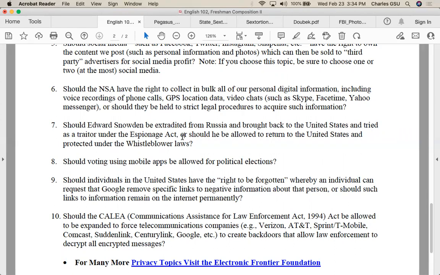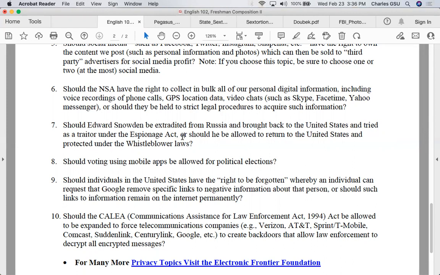And of course, you cannot travel internationally if you do not have an active passport. So he has been in Russia since 2013. And he's still alive. He periodically gives interviews. You can YouTube him.